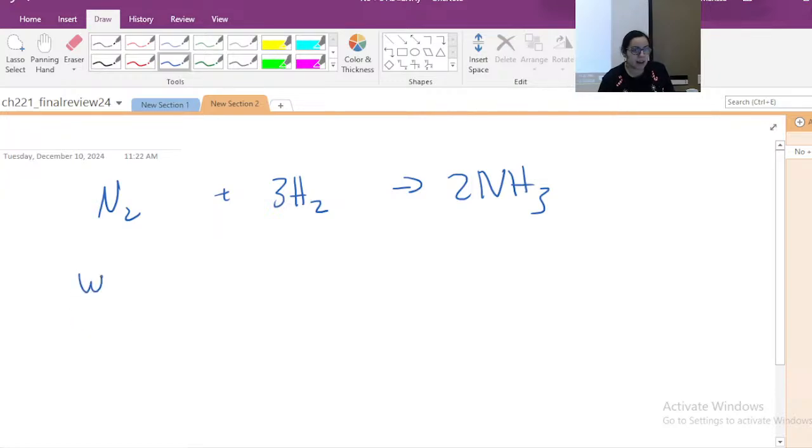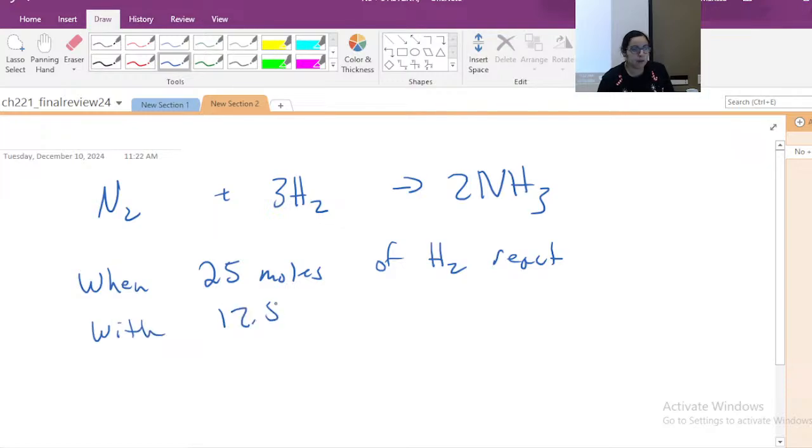And so now let's ask, when 25 moles of H2 react with 12.5 moles of nitrogen, what is the limiting reagent?